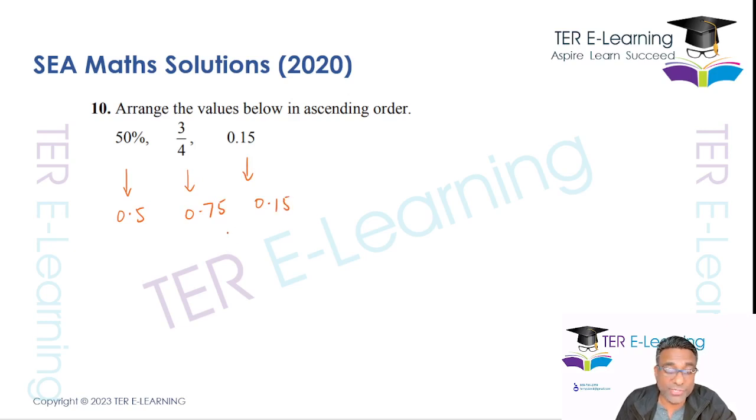The smallest value here is 0.15, so I'm going to write 0.15 first. The next number that's bigger is 50%, because that is 0.5. And the largest one is 0.75, so we put 3/4 here. You just need to find a common base to deal with. Either we work in fractions, decimals, or percentages. It's up to you.